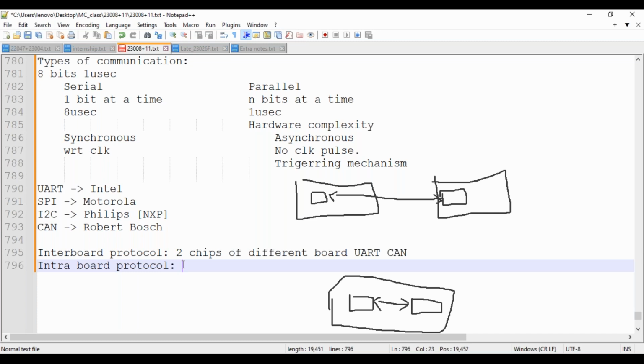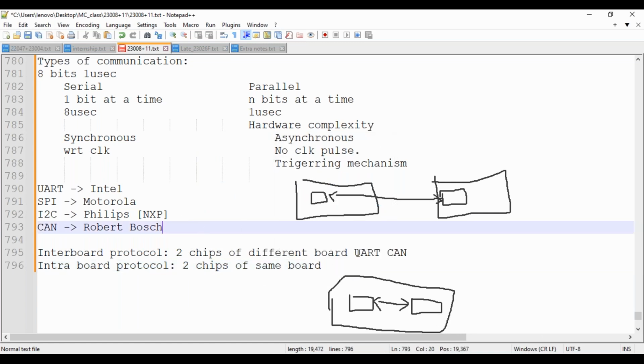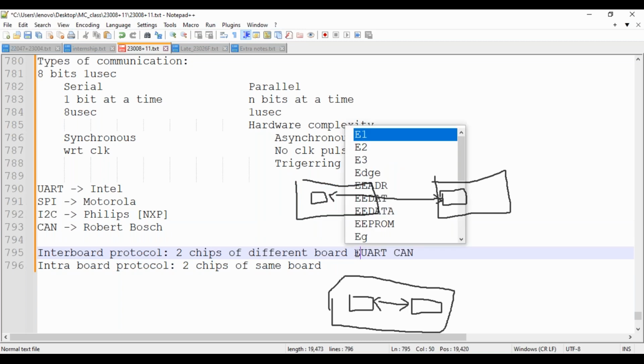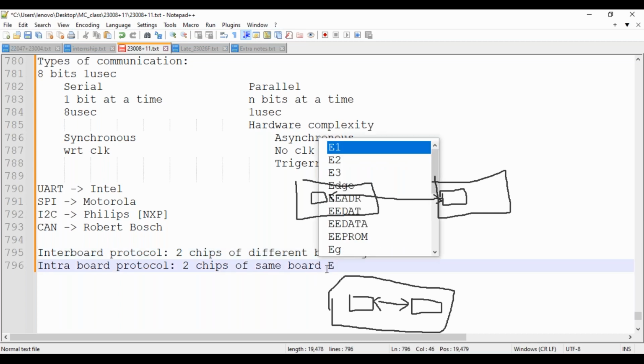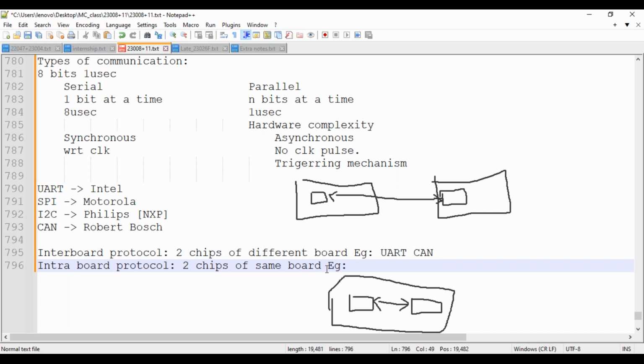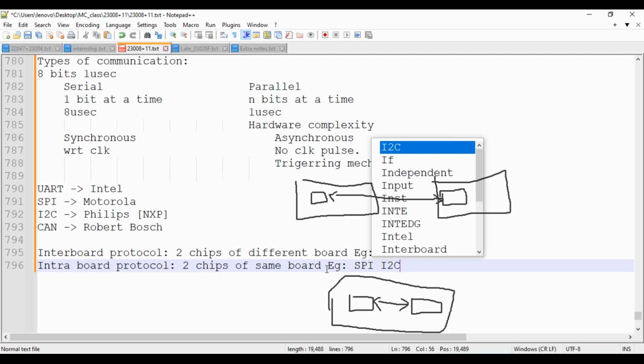If you want to establish communication between two chips of two different boards, you cannot use an intra-board protocol. So you should know when to use which protocol. Examples of intra-board protocol are SPI and I2C.